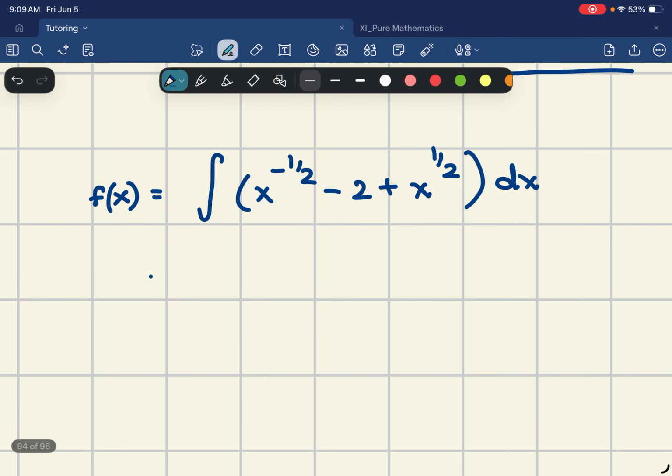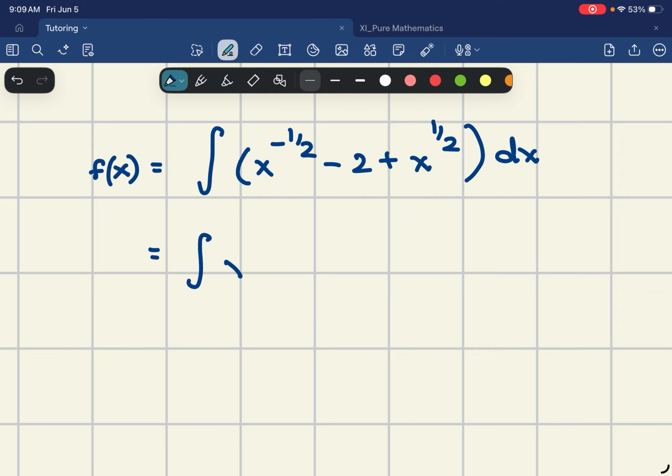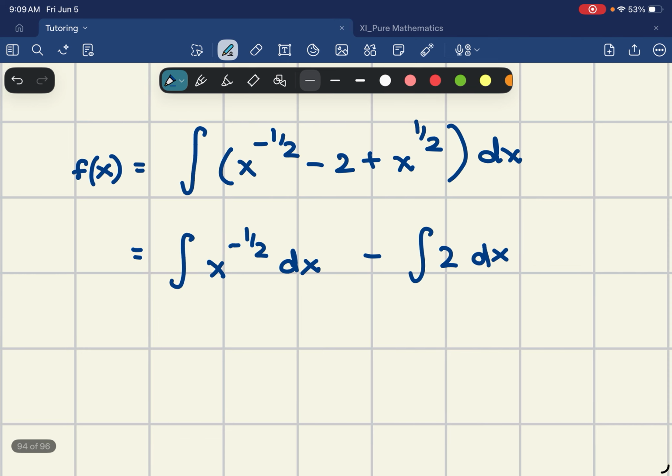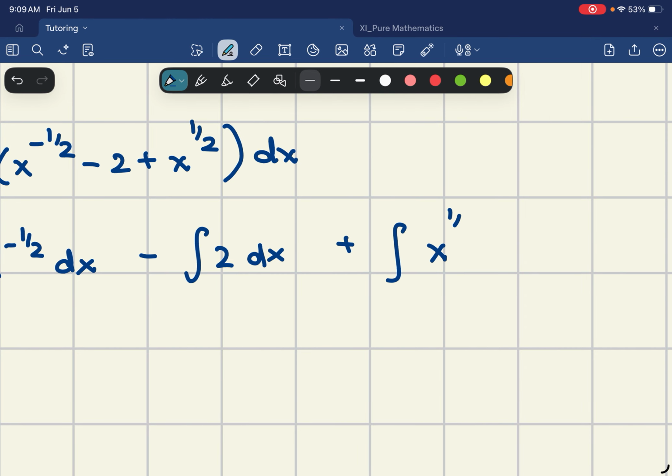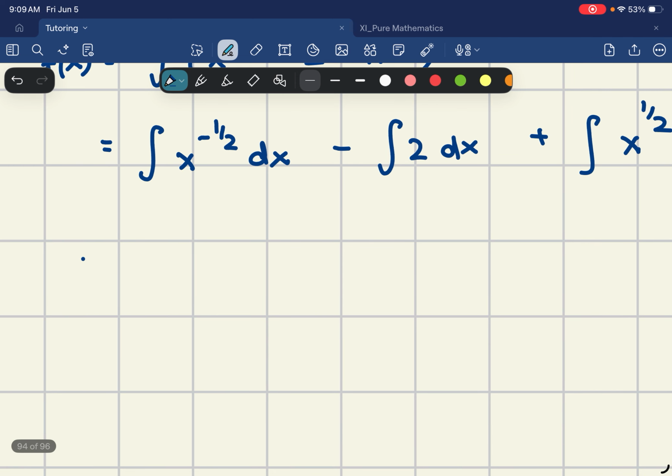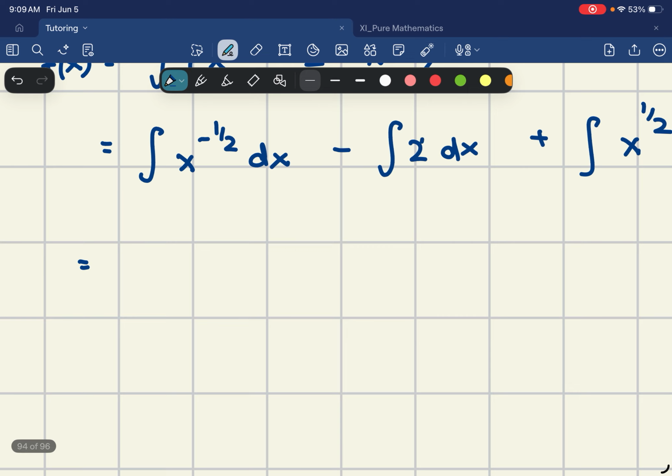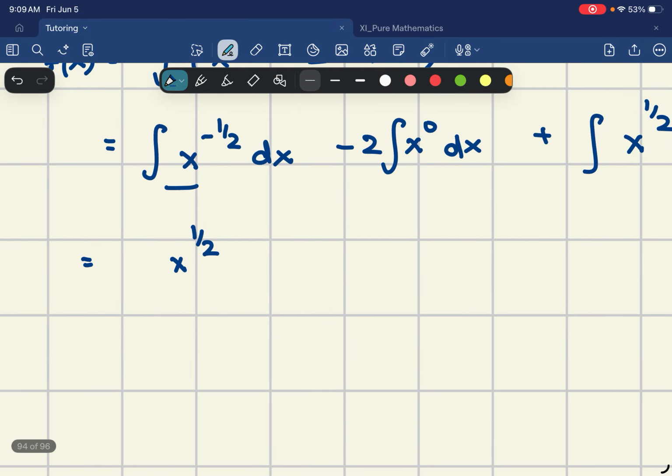So now let's integrate this. When you integrate, we'll do it separately. Because the power is not negative 1, you can factor out your 2 and write it as x to the power 0. We know how to work with this because we have a formula. X to the power 0 is just 1, so 1 times dx is just dx. Now you raise your power by 1: negative half plus 1 gives you positive half, and then you divide by your new power.